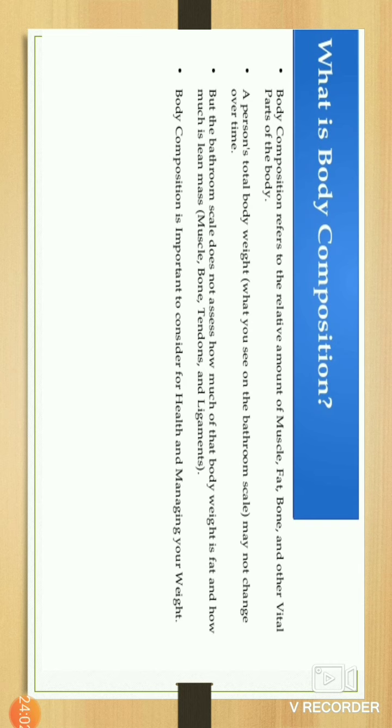Now, calf skin fold. For the calf skin fold, students place their right foot on a stool so that the knee is at a 90-degree angle. The calf skin fold site is located medially at the largest calf girth.